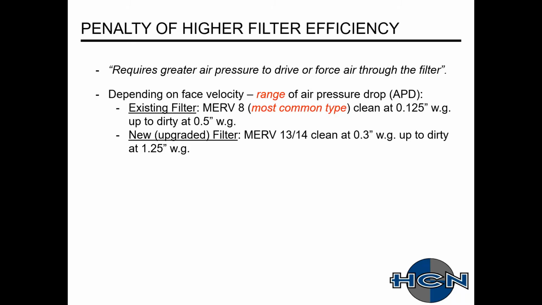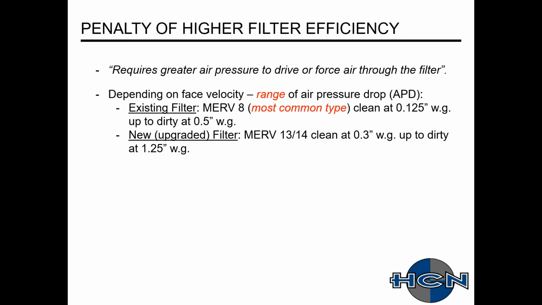Now they want you to upgrade your filter to MERV 13. The understanding with this higher efficiency filter is that it's catching more particles, so it's going to increase your air pressure drop. Typically, when the filter is first installed and clean, it has an approximate air pressure drop of 0.3 water gauge, and as the filter gets dirty, it could be up to 1.25 inches.